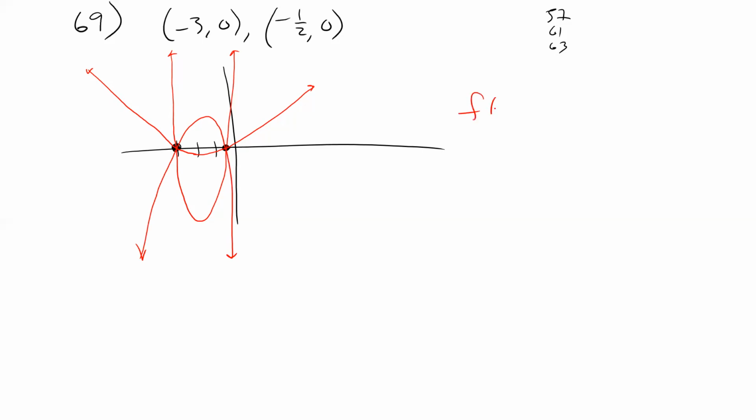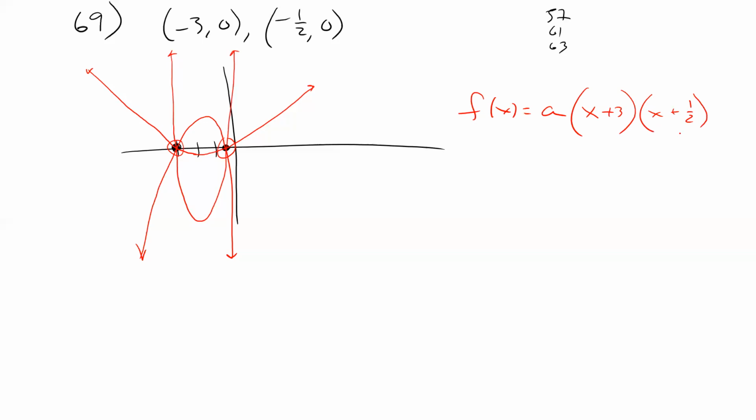And so we're going to usually start off like this. We put an A value over here, because you know it's going to be a multiplier. And because -3 is an answer, we have x plus 3 as a factor. And because -1/2 is an answer, we have x plus 1/2 as a factor as well.